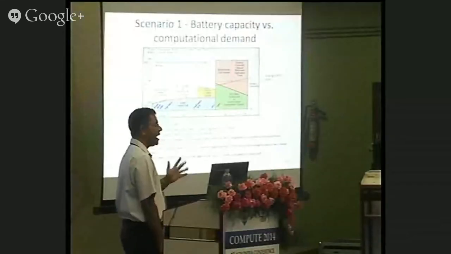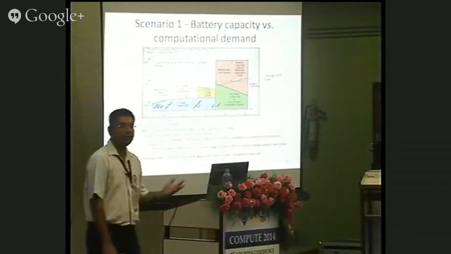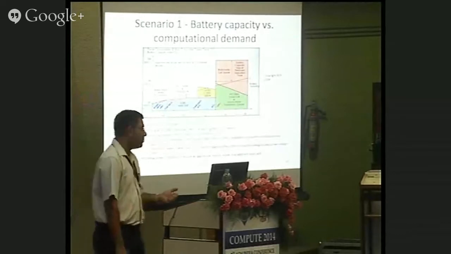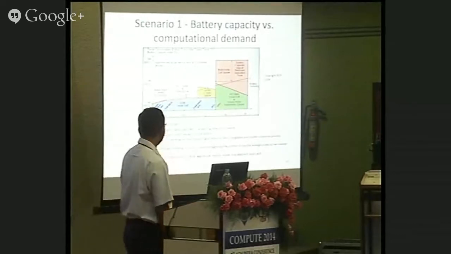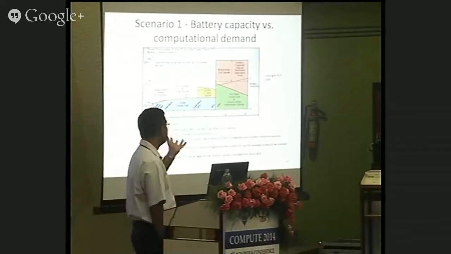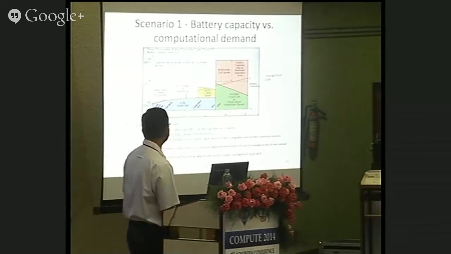This is the first scenario, where we talk about battery capacity versus computational demand. We all have exposure to handheld devices, be they tablets or mobile phones. In the last few years a lot of features have been added to these devices, but what has remained more or less constant is the power density of the battery capacity.